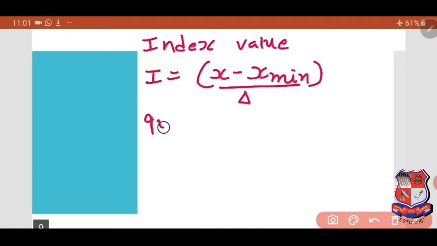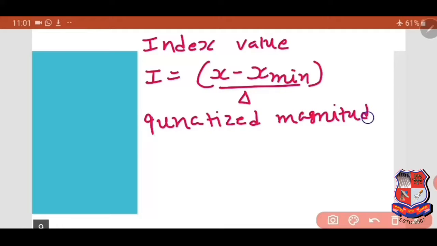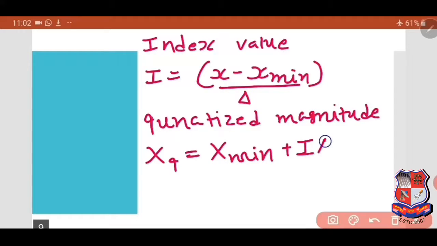The quantized magnitude is denoted as xq. So xq is equal to x min plus I into delta, where I is the index value.